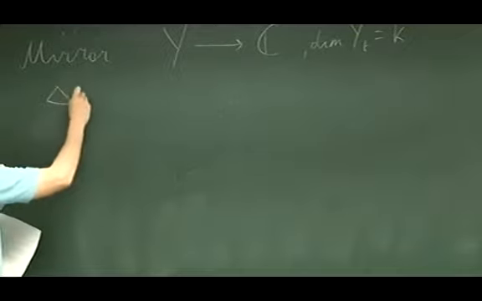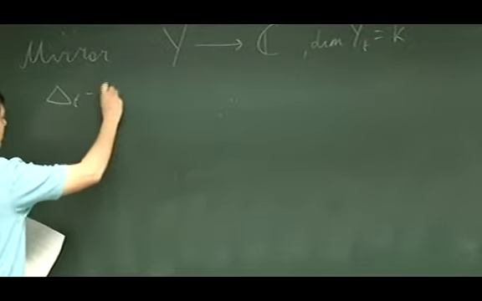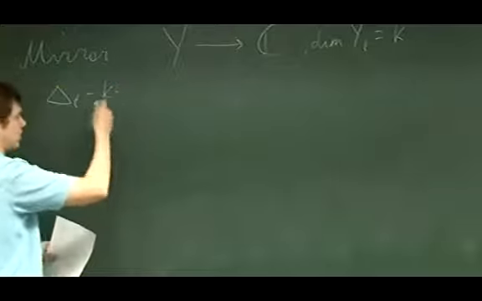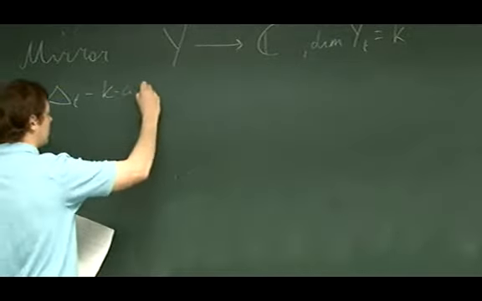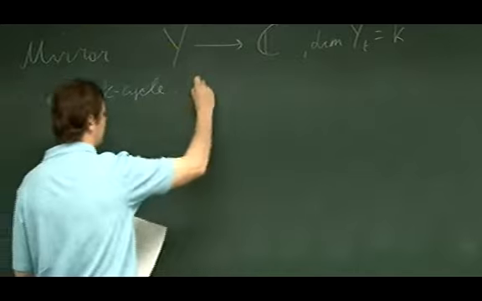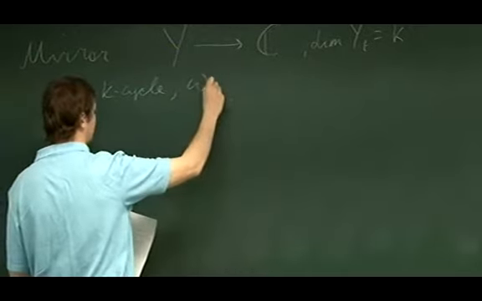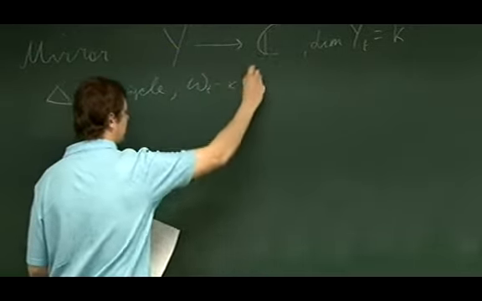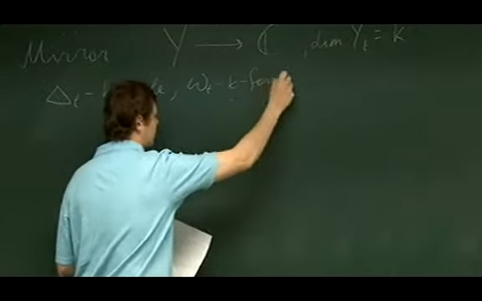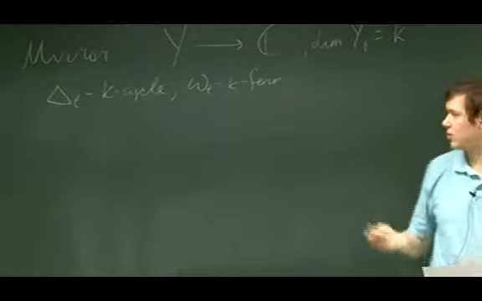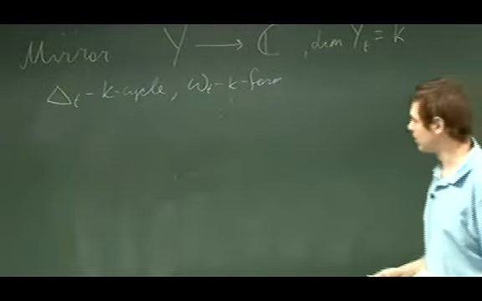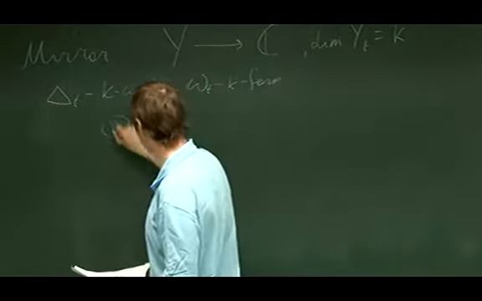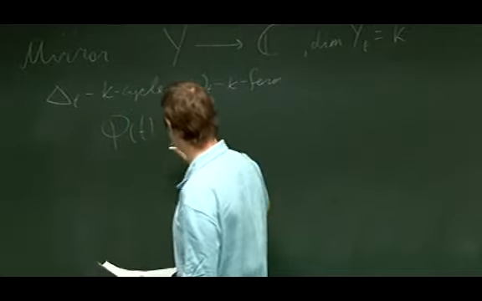Then we may associate a fiber-wise k-cycle of real dimension k, so middle dimension, and a k-form, continuously dependent on the base, and consider the following function.